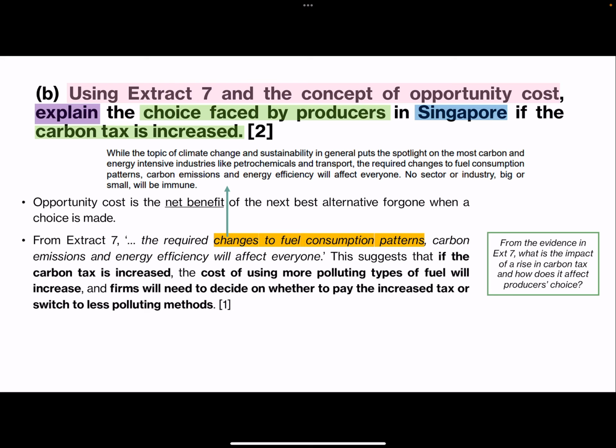If the carbon tax is increased, the cost of using more polluting types of fuel will increase. And then what is the choice? Firms will need to decide whether to pay the increased tax or switch to less polluting methods of production. So make your choices clear, especially because they ask for it in the question requirement.